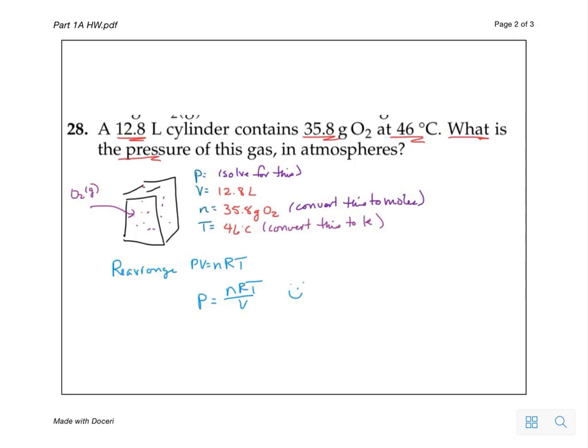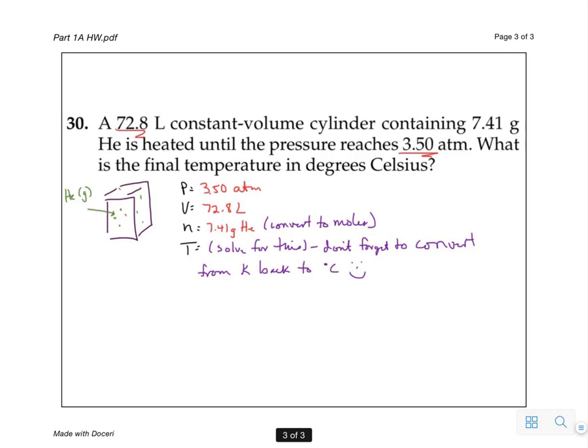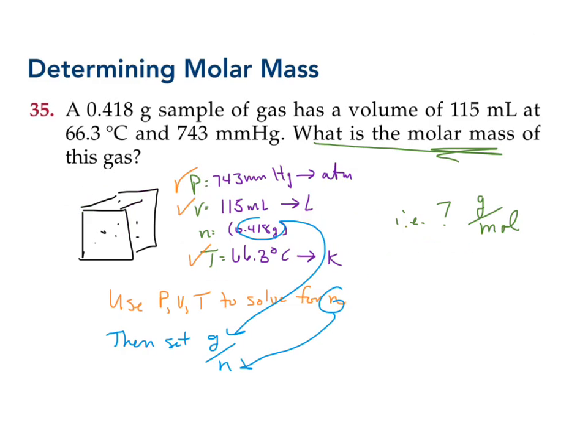You need to know that it's molecular oxygen, O2, because they give you the mass, and you have to use the mass and the molar mass of O2 to get to moles, the N. And this is the third of 3. It says don't forget to convert your temperature back to units of Celsius, because of course it's going to give you Kelvin.